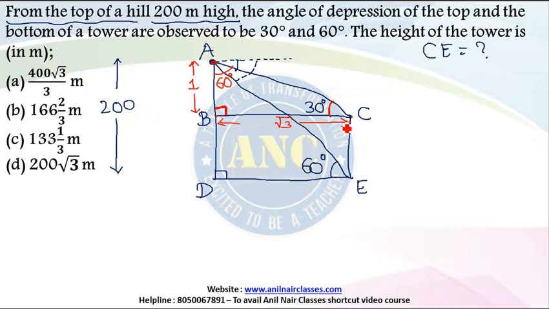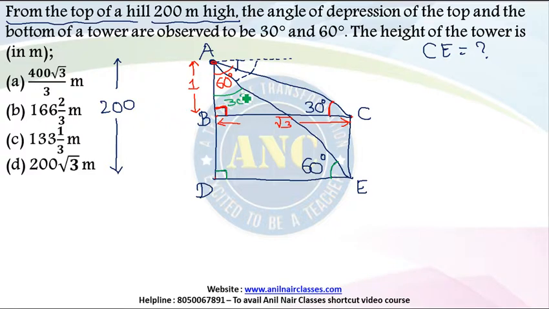Similarly, if I take this bigger triangle, which is the bigger triangle? Bigger triangle is ADE. Let me use a different color. For example, let me use this green color. For example, ADE. This is 60 degrees. This is 90 degrees. So this should be 30 degrees, right?